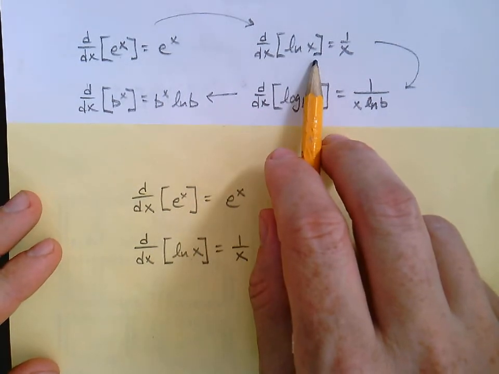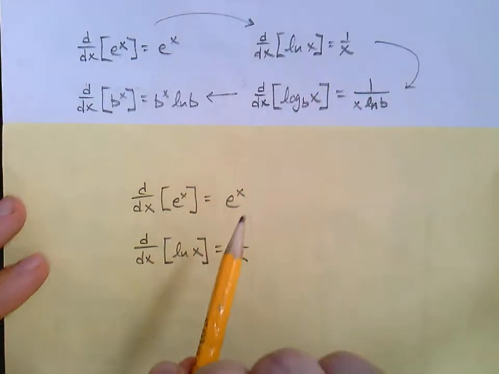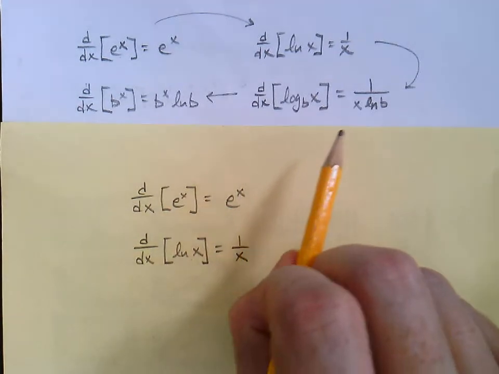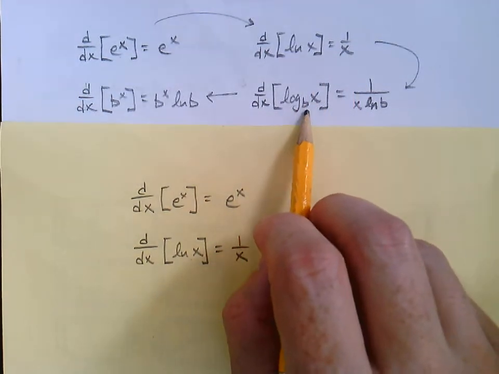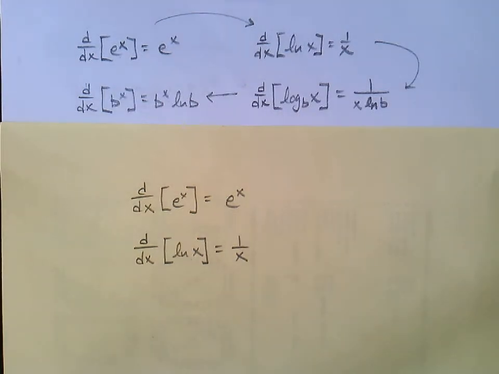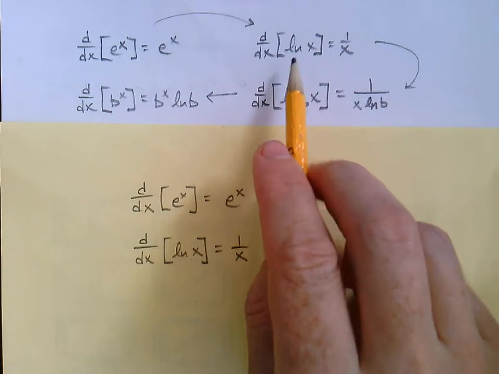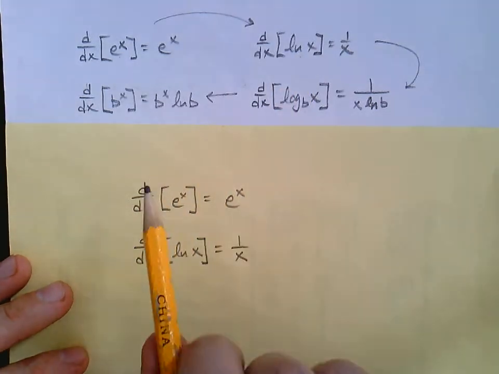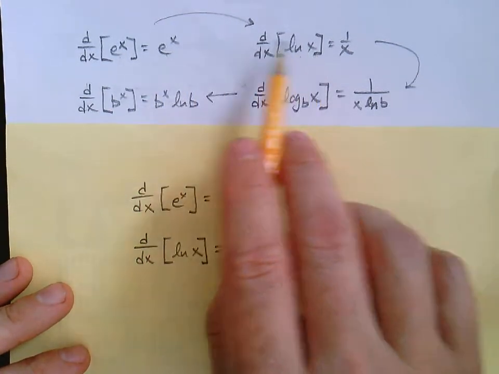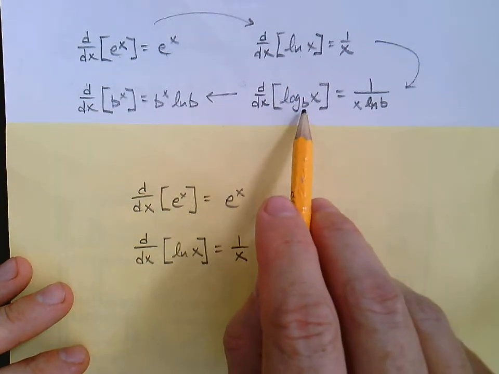So once we have the derivative for the natural log of x equals 1 over x, again, I'm skipping the explanation, but that would help us figure out the log of x with base b. So that's a logarithm with any given base. And you may recall the natural log has a base of e, the natural number. So hence the connection here. But now we say, okay, no longer base e, but any base.